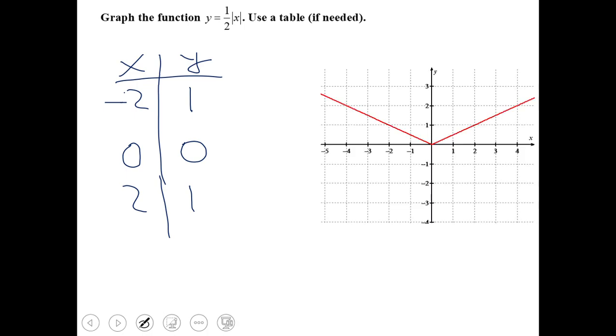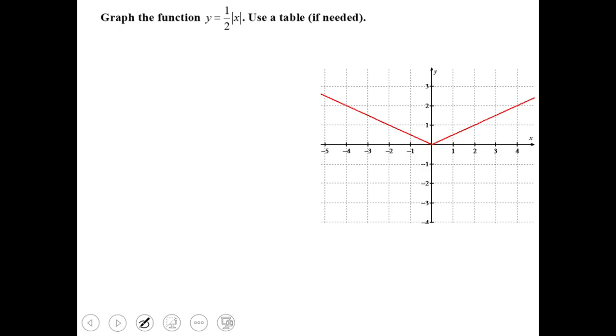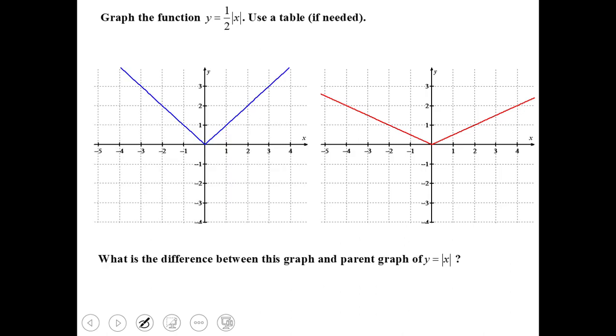So look at here, this is the graph you get, and hopefully you notice that the red graph is wider. We call that vertical compression. The left and right side of the graph is pushed down towards the x-axis.